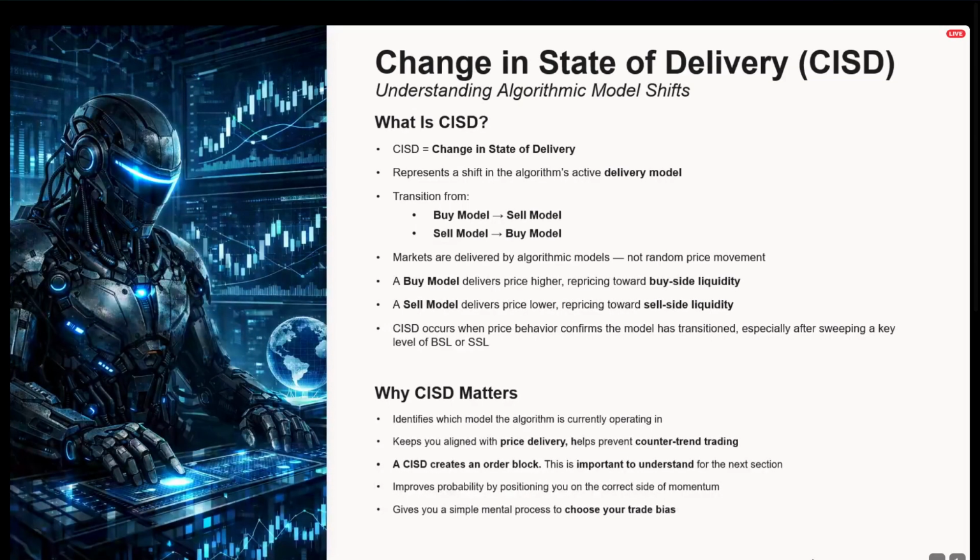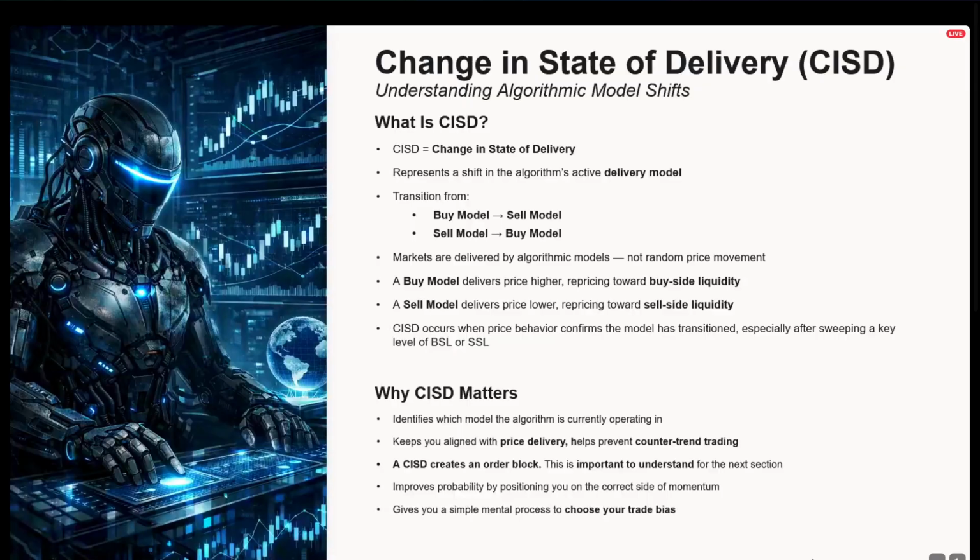And those two models, as we discussed, are a buy model in which price is moving higher to seek buy side liquidity. And again, as a reminder, buy side liquidity is where shorts have their stop losses placed. If you are short a position, you are buying to close your position back. You're selling it to open, you're buying it to close.